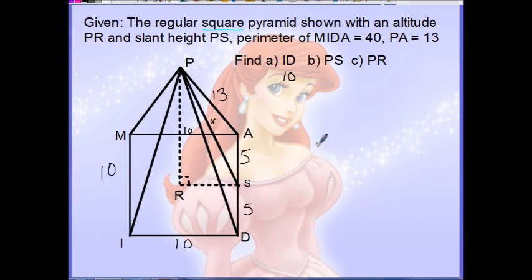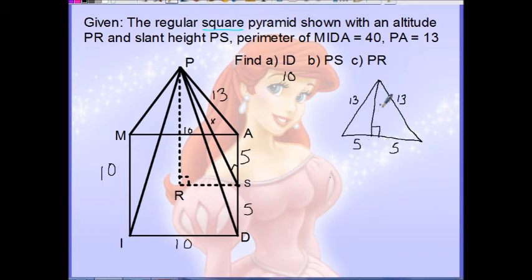Well, let's think about this. When we talked about what it meant to be a slant height, it's actually going to be perpendicular. So when I take out that side triangle here, if they give us that one edge is 13 and PA is considered to be an edge of our pyramid, it means that it has two of the same edges, making a nice isosceles triangle. And when we have the slant height, it's going to be perpendicular to the base, which splits it in half.